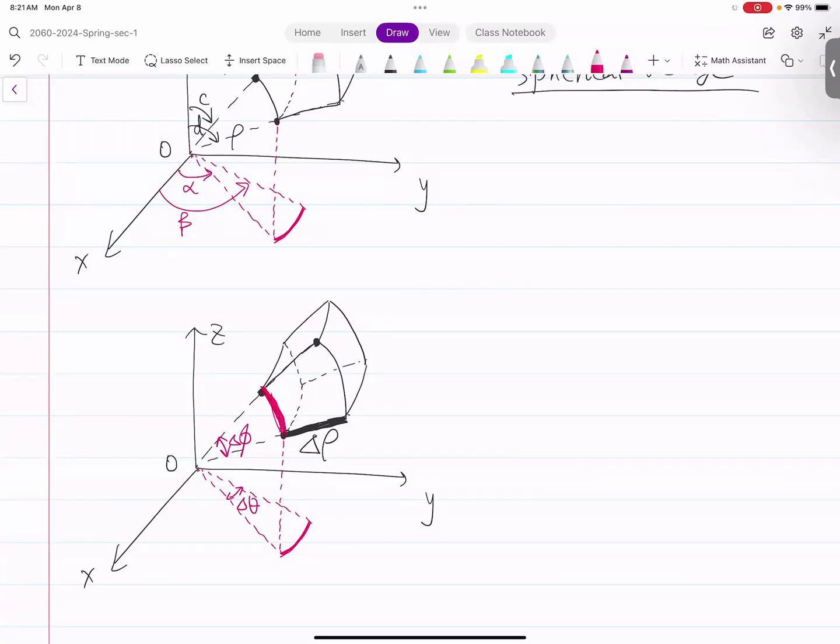This arc is actually rho times delta phi, right? So this is the arc that's facing this angle delta phi. Okay, so this is rho delta phi right here. Okay, so where rho is the radius from the origin to the point.